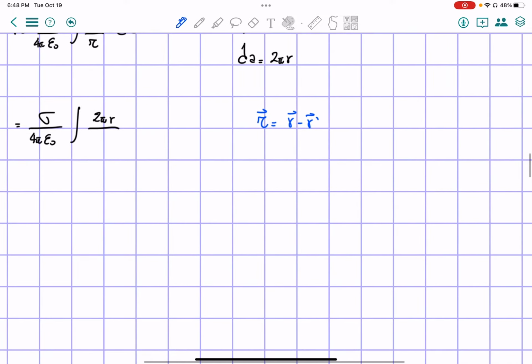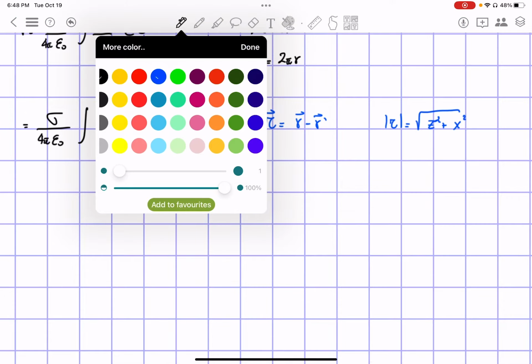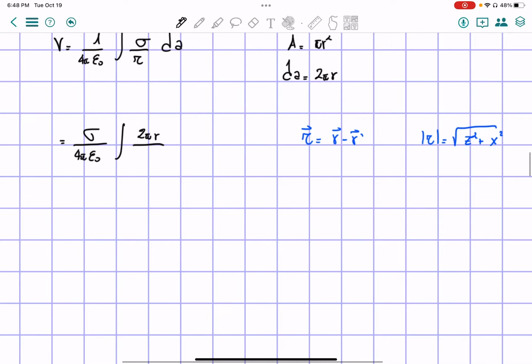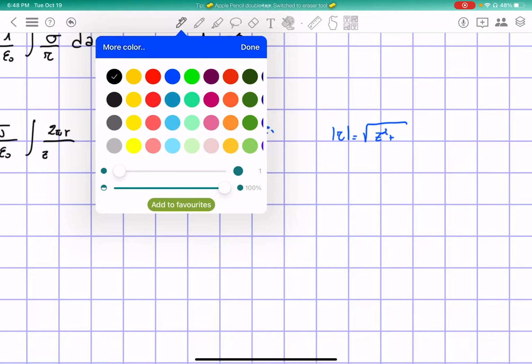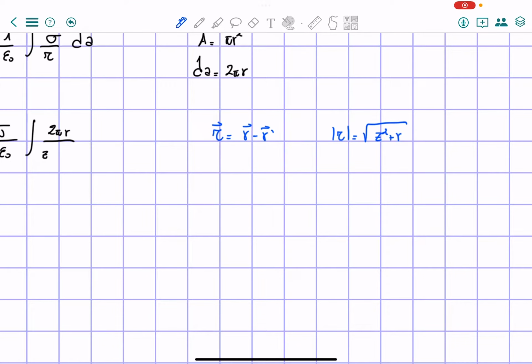So the magnitude of r, that's what we're interested in, is going to be equal to the square root of z squared plus x squared. In our case, let's keep it as r, because we want everything to be radius, so r squared.